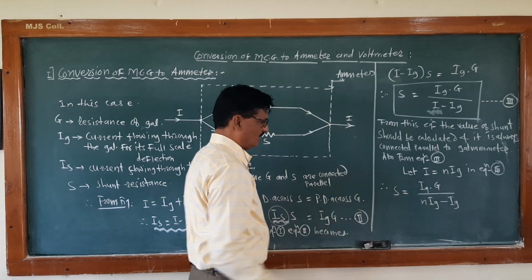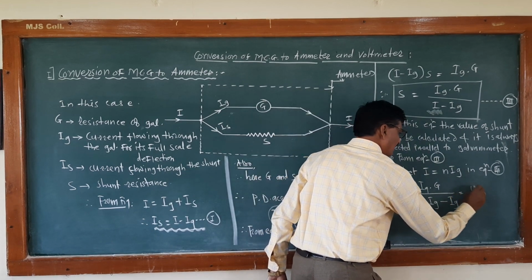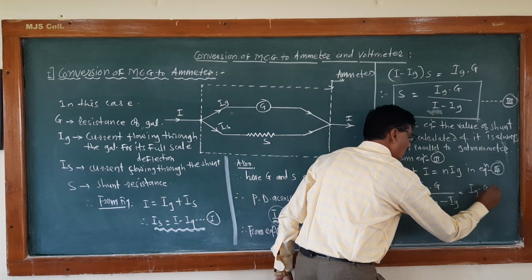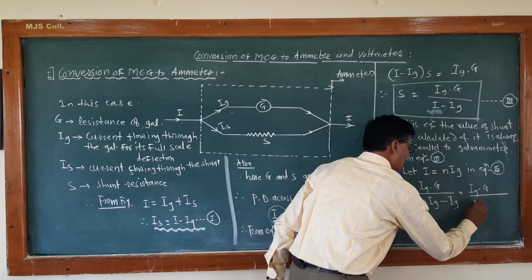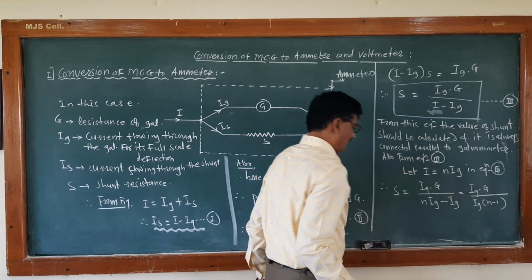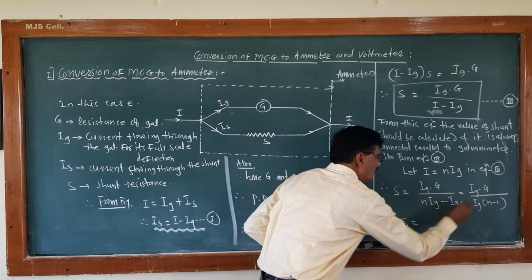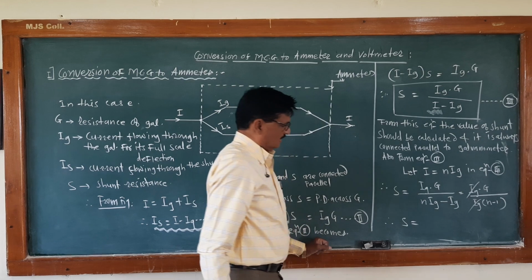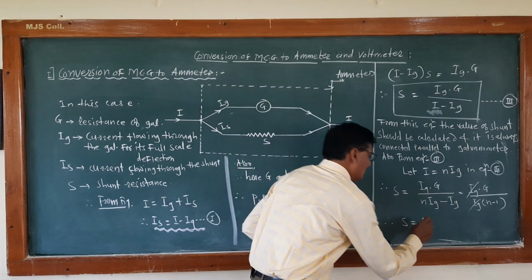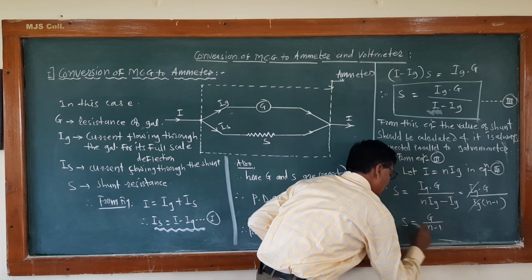If you take the common part outside of the bracket, this is Ig G whole divided by Ig times N minus 1. The common terms in numerator and denominator cancel, therefore S is equal to G divided by N minus 1.